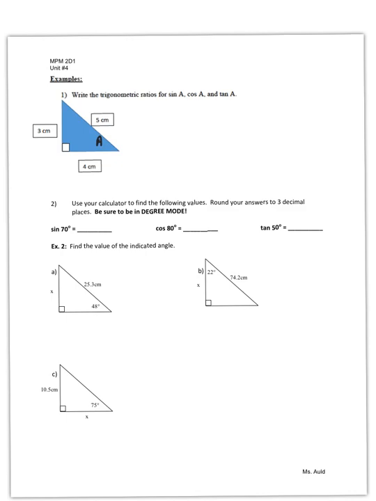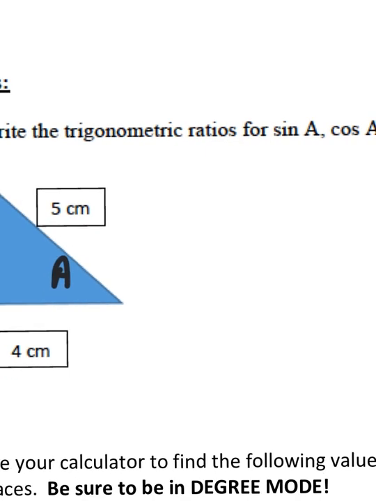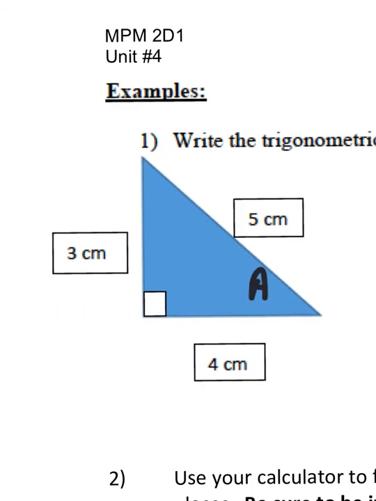So when it's asking for the trig ratios, it's asking for the trig fractions. So we want the fractions from SOHCAHTOA for sine, cos, and tan. So for sine, we need to have opposite over hypotenuse. So we're going to come over here and we're going to label our hypotenuse, which is the longest side.